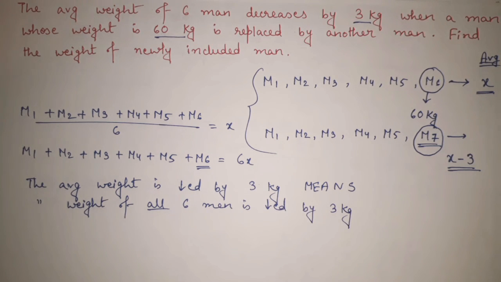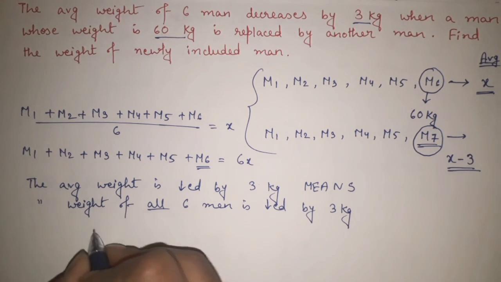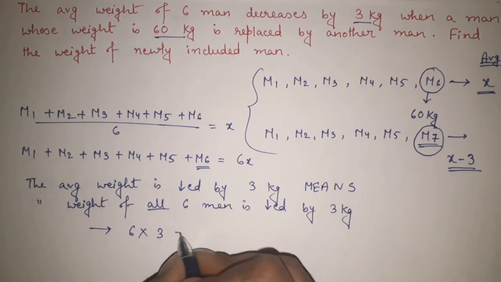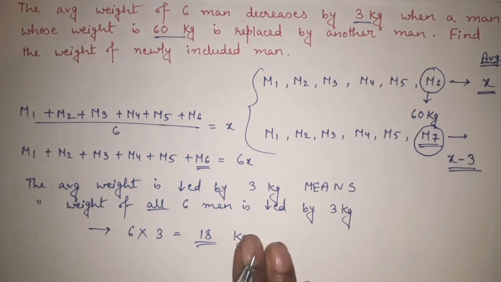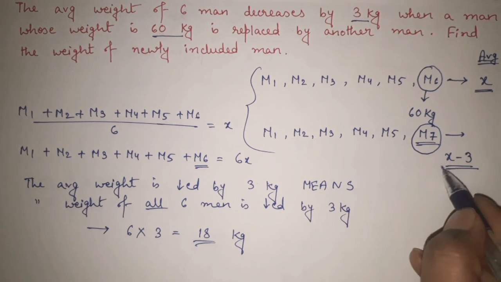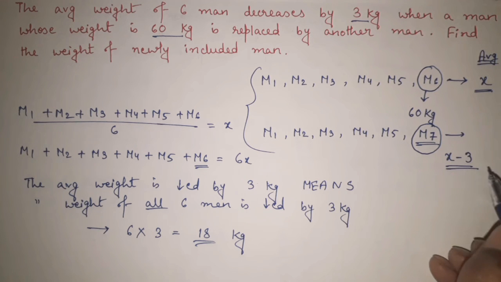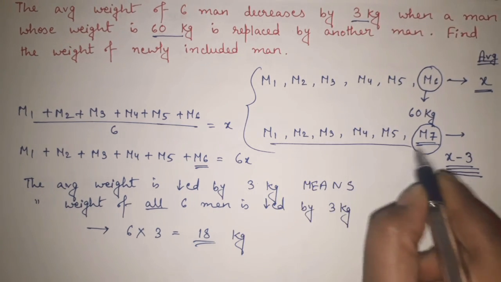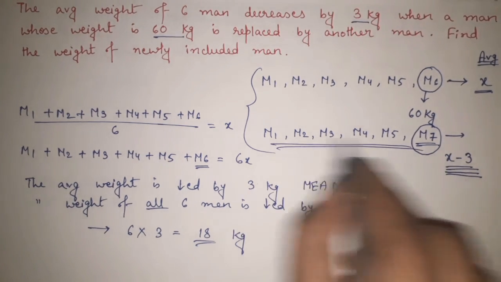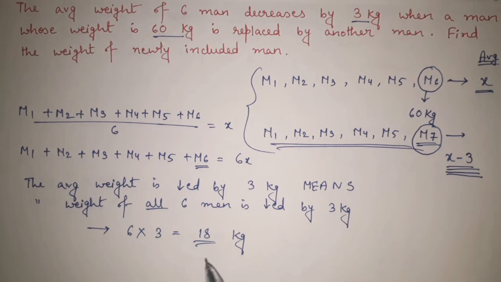Now if the weight of all the men is decreased by 3 kg, how much weight is affected? So 6 into 3, that is equal to 18 kg is overall reduced. Fine. That means when they are saying that the average is decreased by 3, we can say that the overall weight reduced is equal to 18 kg.